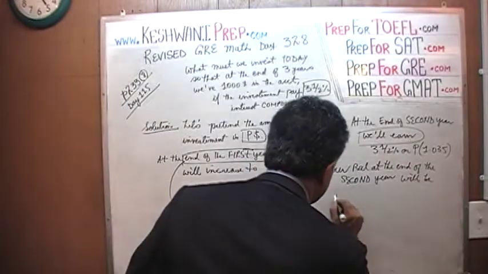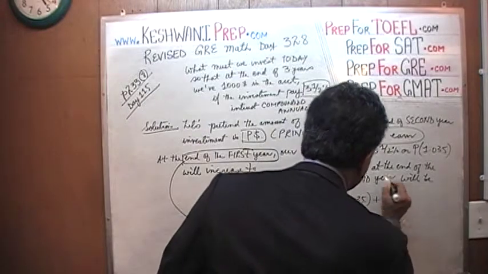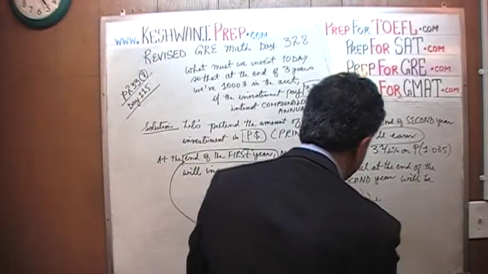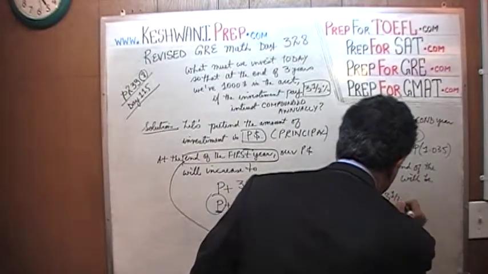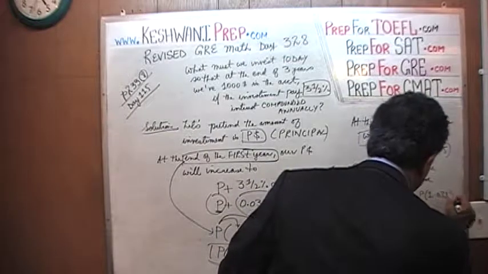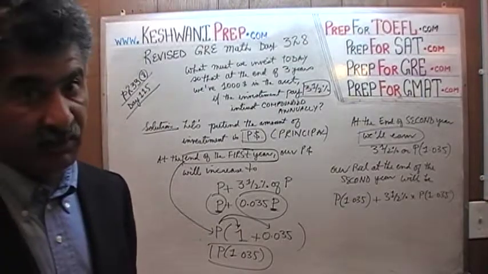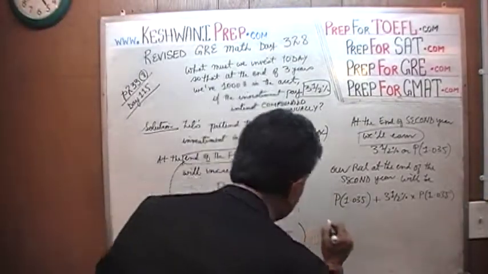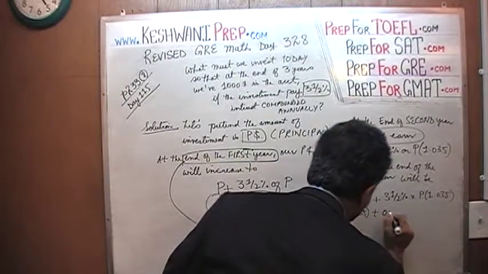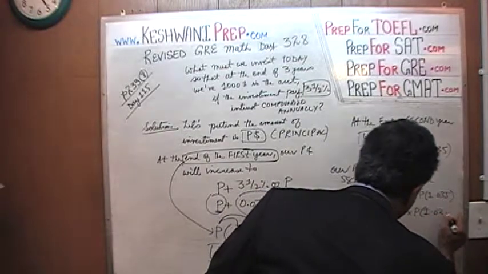So it's P times 1.035 plus 3.5% of P times 1.035. Again, 3.5% has to be written in decimal form, so P times 1.035 plus 0.035 times P times 1.035.